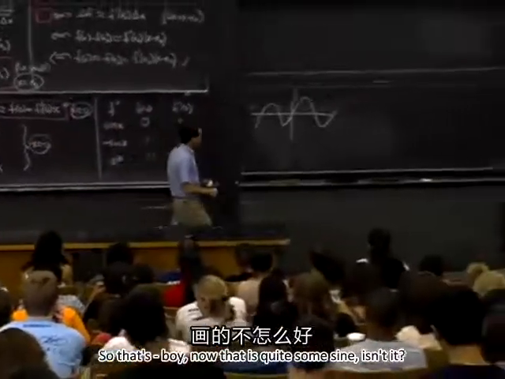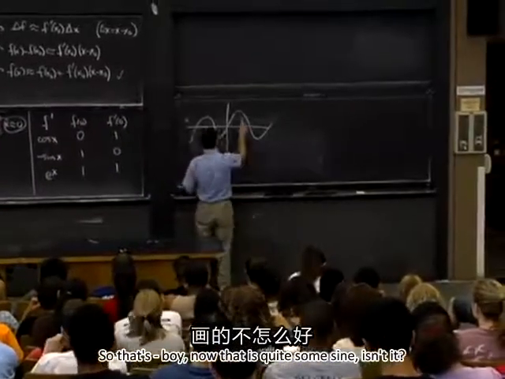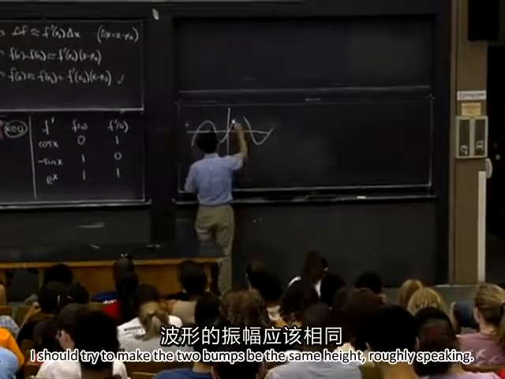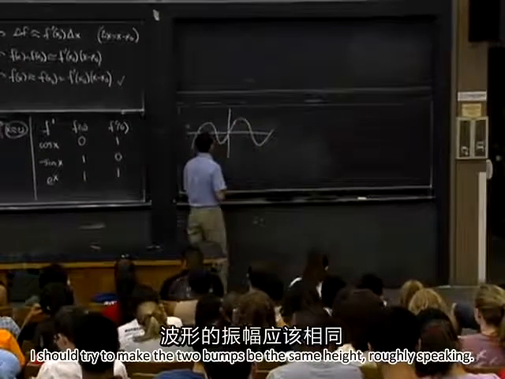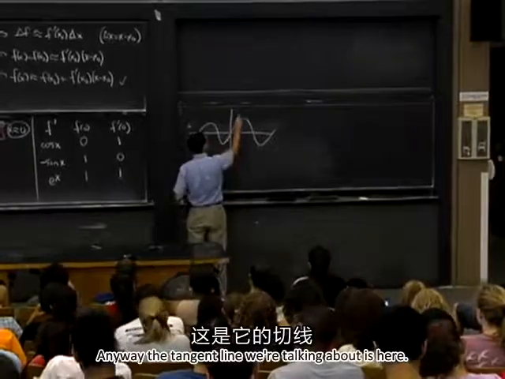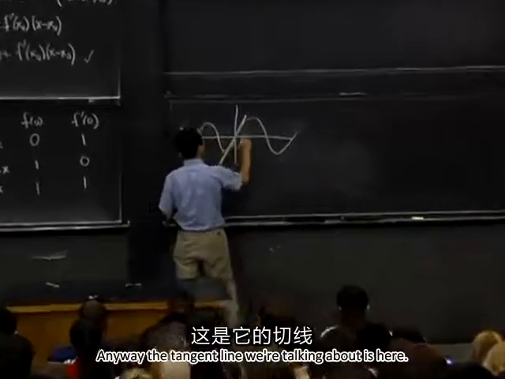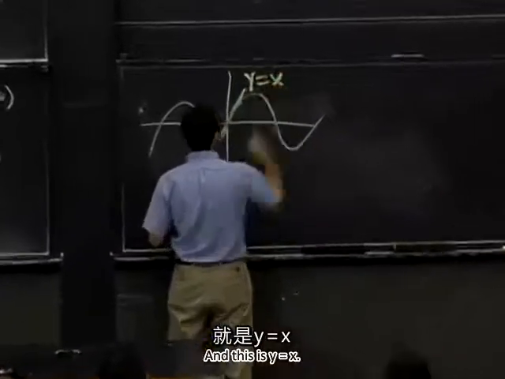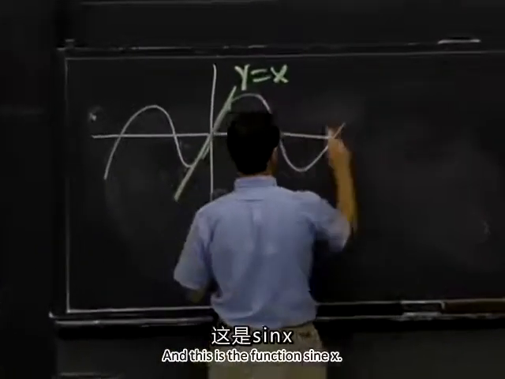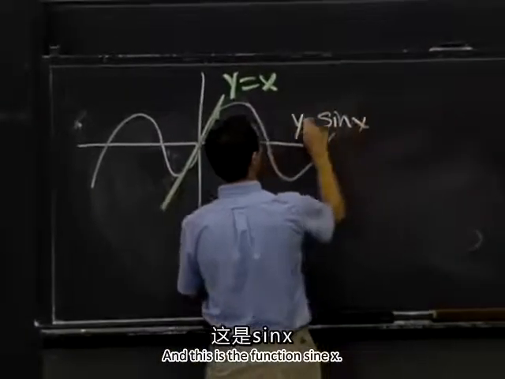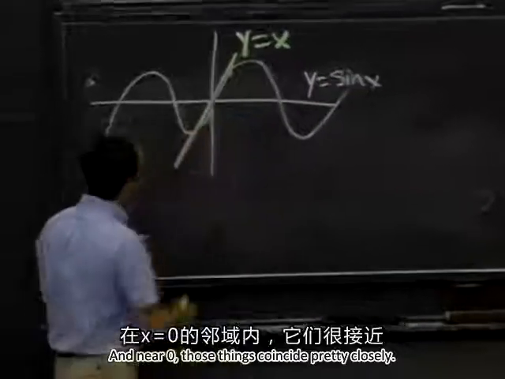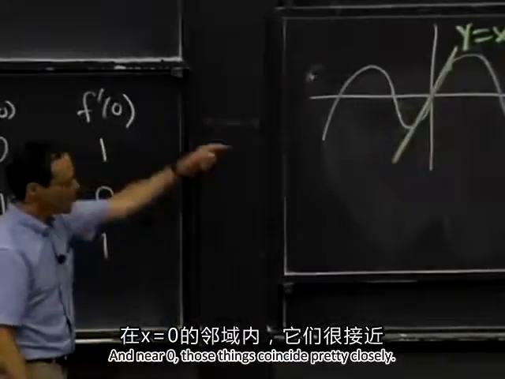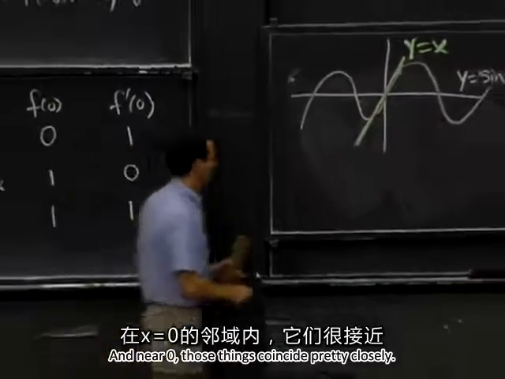Boy, now that is quite some sine, isn't it? Let's try to make the two bumps be the same height, roughly speaking. Anyway, the tangent line we're talking about is here. And this is y equals x, and this is the function sine x. And near 0, those things coincide pretty closely.